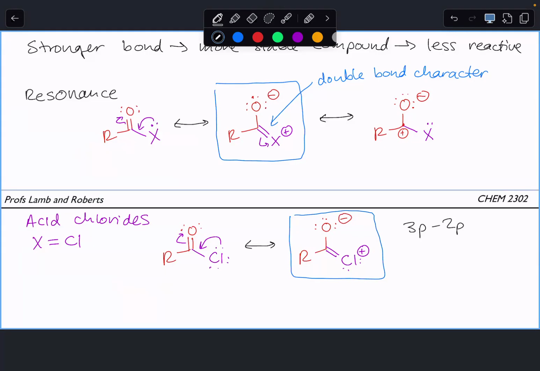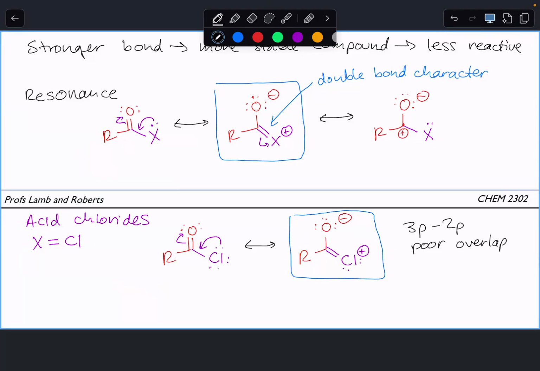Because chlorine is 1 row below carbon. So as we go down the periodic table, those orbitals get much bigger. So we have a small 2p orbital and a large 3p orbital, and they do not overlap very well. Okay, so this has poor overlap.